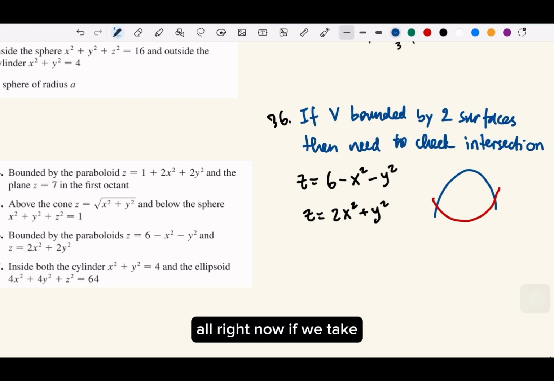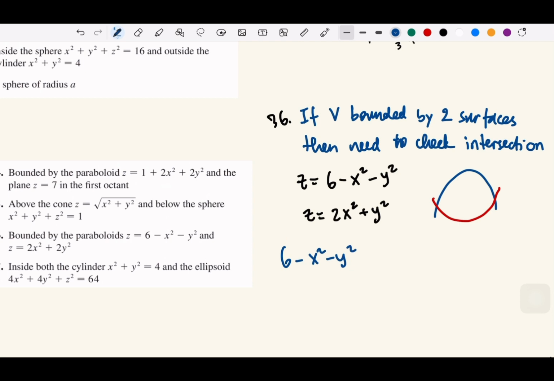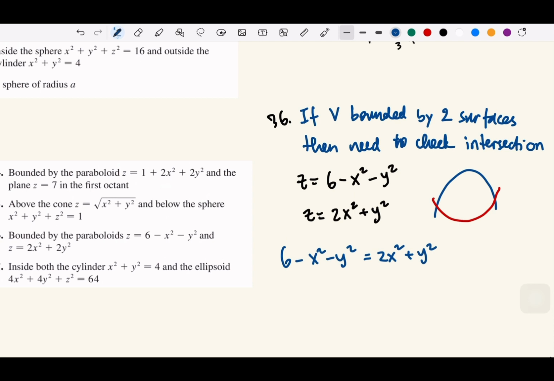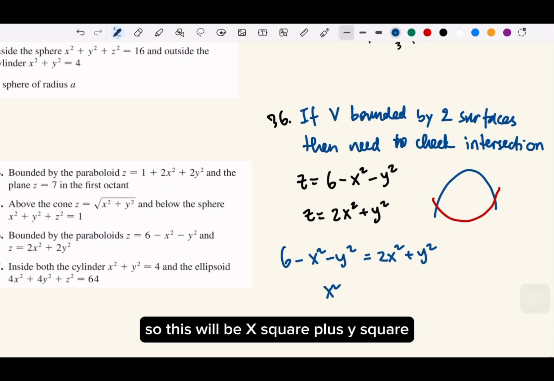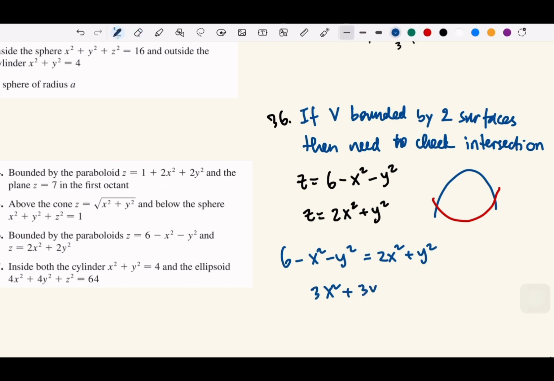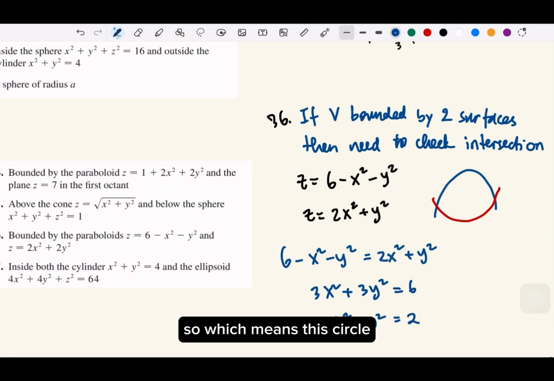All right. Now if we take 6 minus x squared minus y squared equal to x squared plus y squared, so this will be 2 times x squared plus y squared equals 6, or x squared plus y squared equals 3. So which means it's this circle.